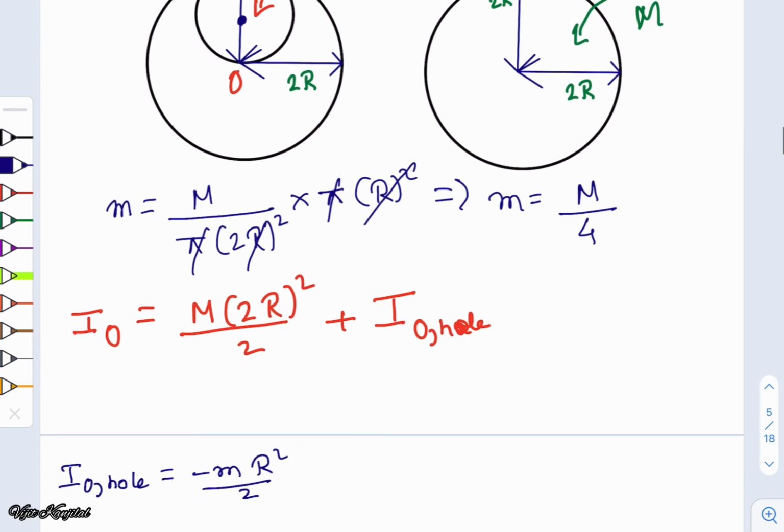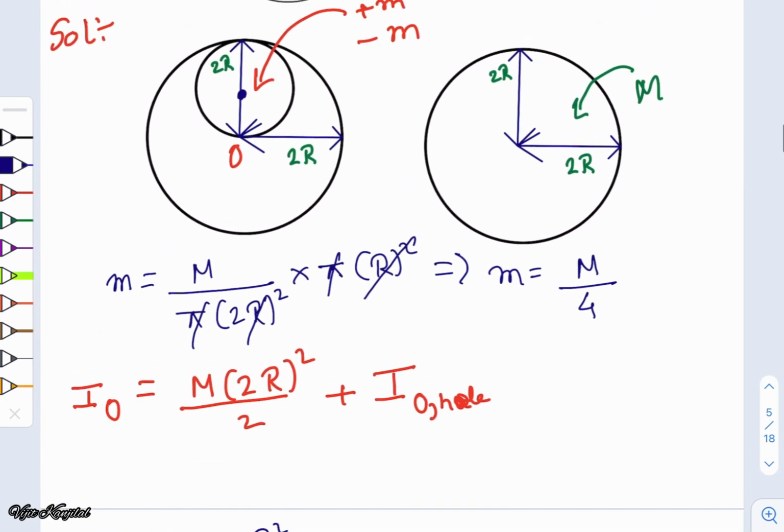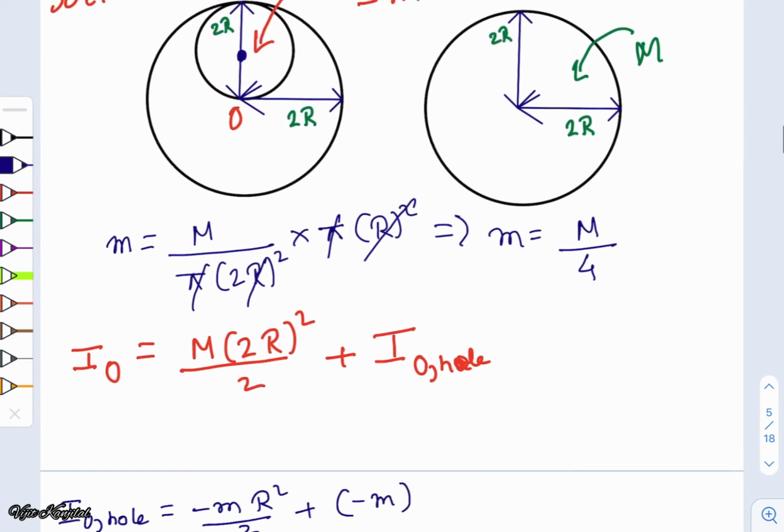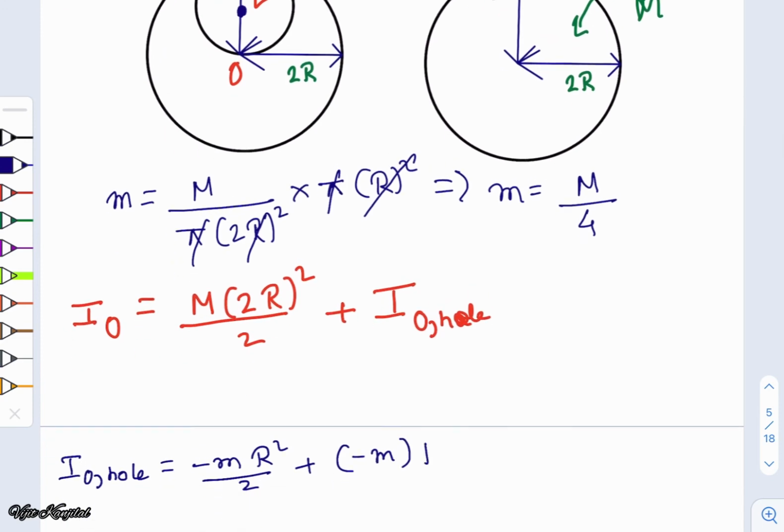And we can simply apply the parallel axis theorem, because this point is nothing but the center of mass of this negative mass minus m. So we can write IO hole as minus m r squared by 2 plus minus m r squared.